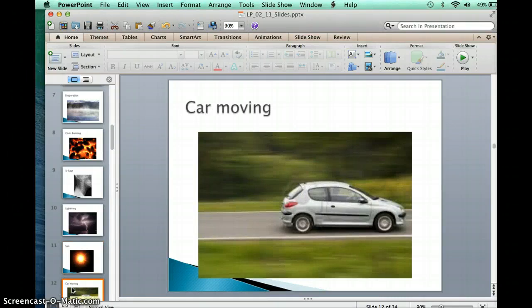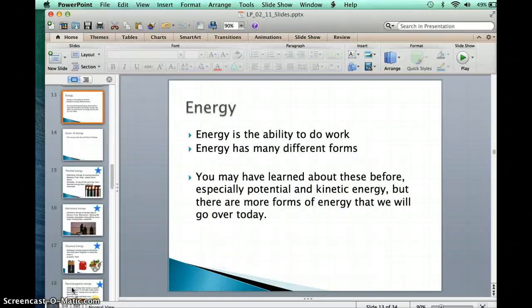Okay, a car in motion, so a car moving. Alright, so again, hopefully you matched those up, and we'll check your answers at the end of the notes.